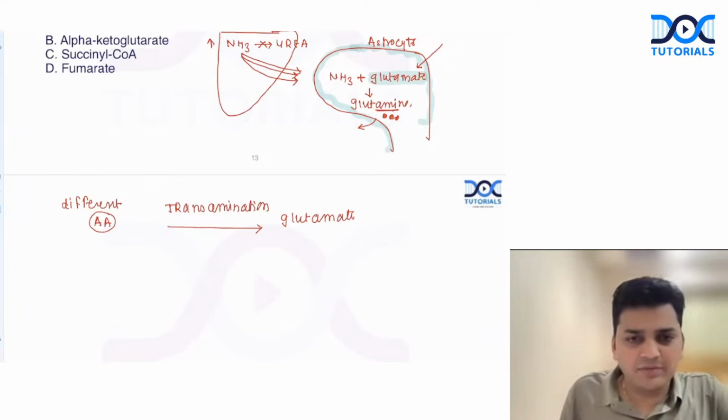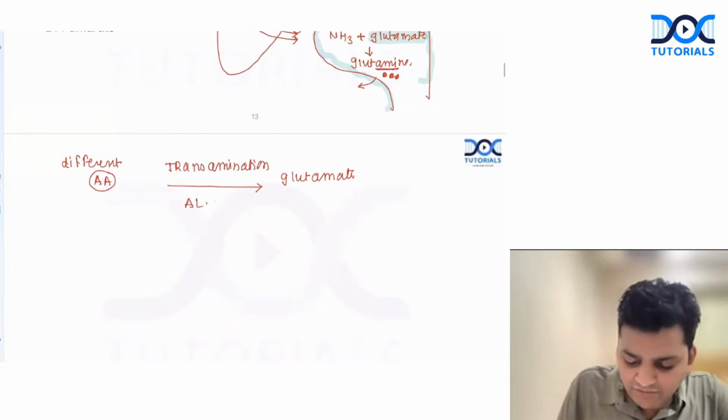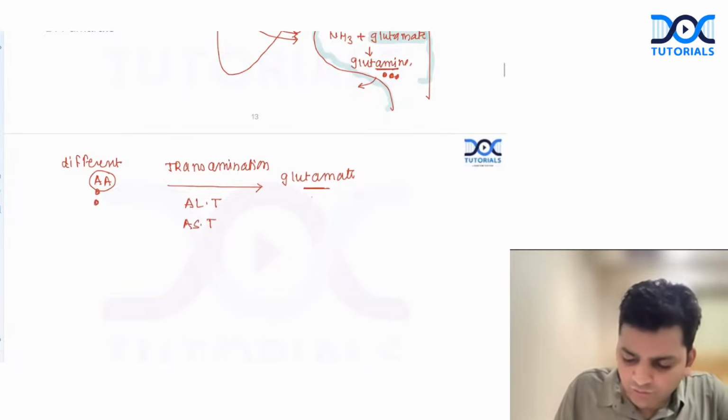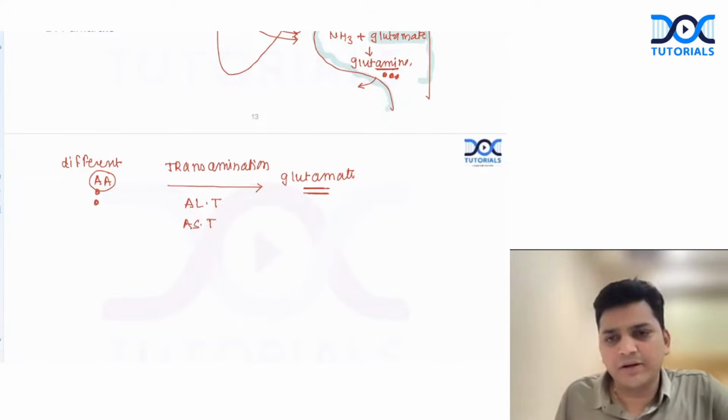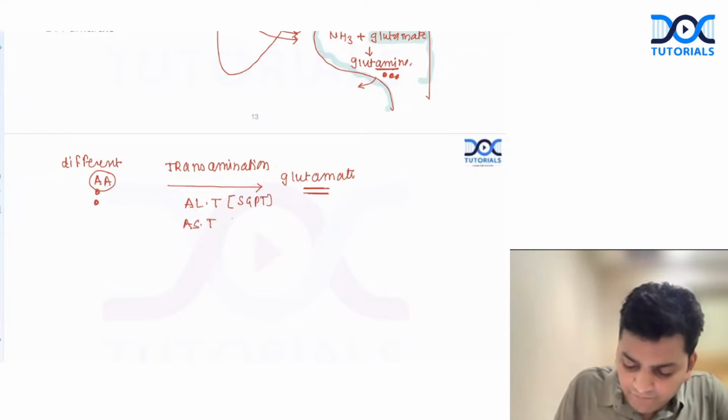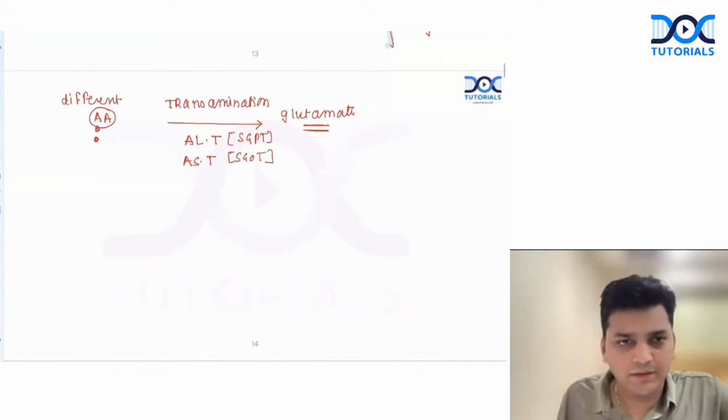The enzymes of the transamination we have discussed are, for example, alanine transaminase and aspartate transaminase, where you are converting alanine into glutamate, aspartate into glutamate. That is alanine transaminase and aspartate transaminase, which we also call SGPT and SGOT. Now, how was the transamination reaction actually happening?